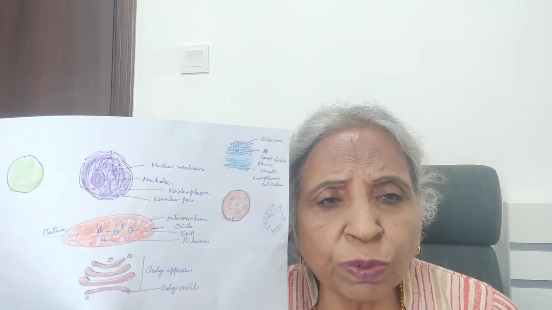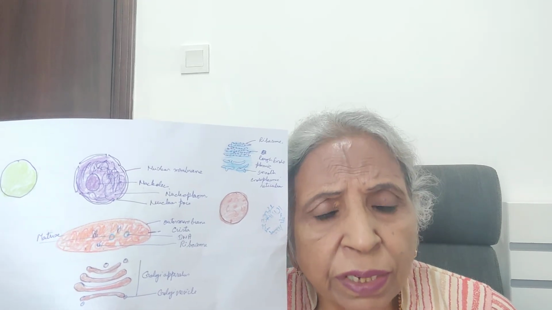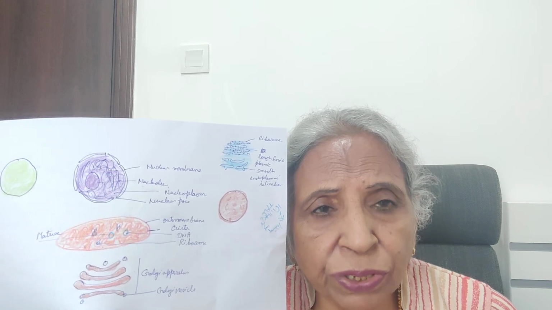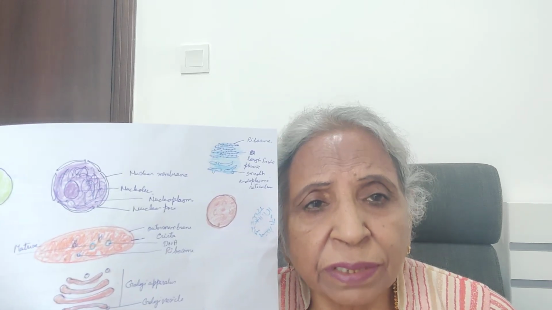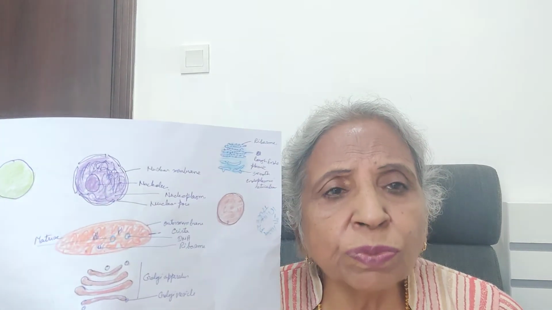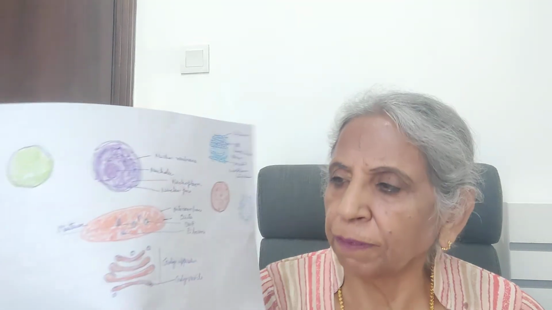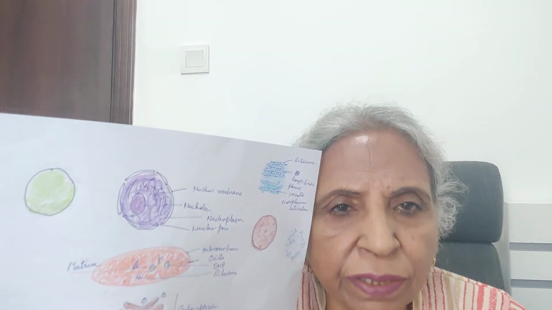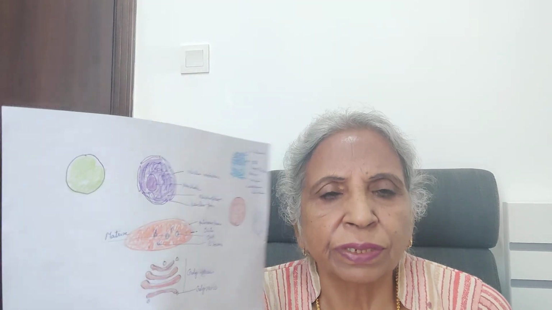These genes are responsible for controlling all the activities of a cell, like cell growth, cell reproduction, and synthesis of some materials. And chromosomes determine the sex of the offspring. The nucleolus is the site of ribosome synthesis. Ribosomes are synthesized in the nucleolus.